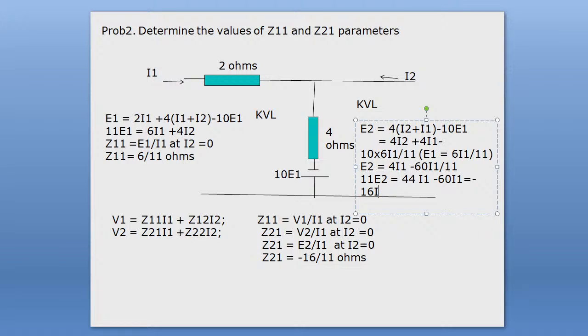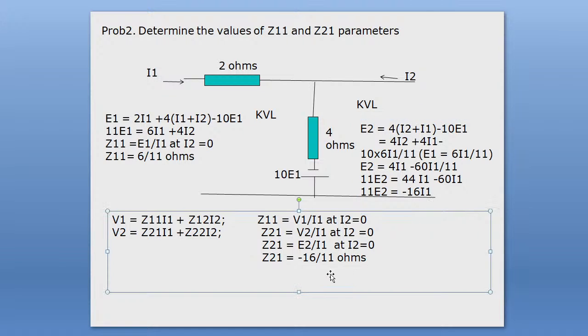So 11E2 equals minus 16I1. E2 by I1 equals minus 16 by 11 ohm. You will get the ultimate result.